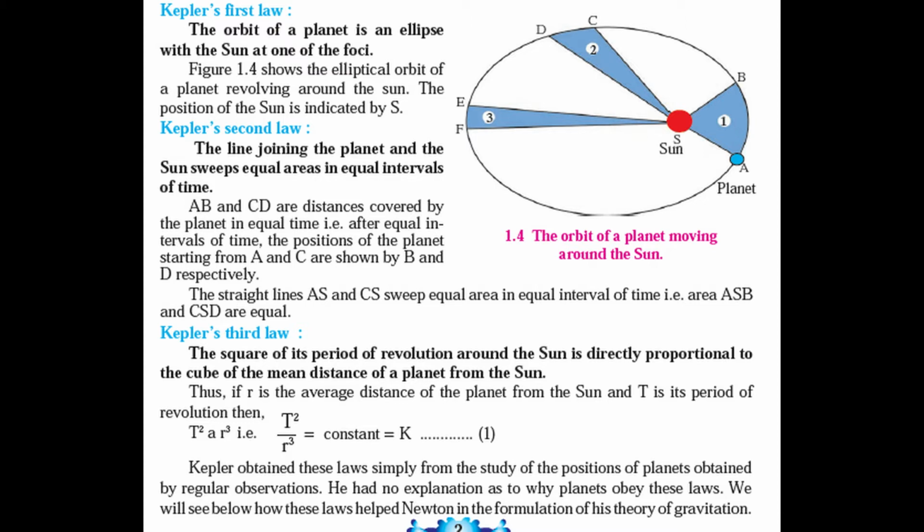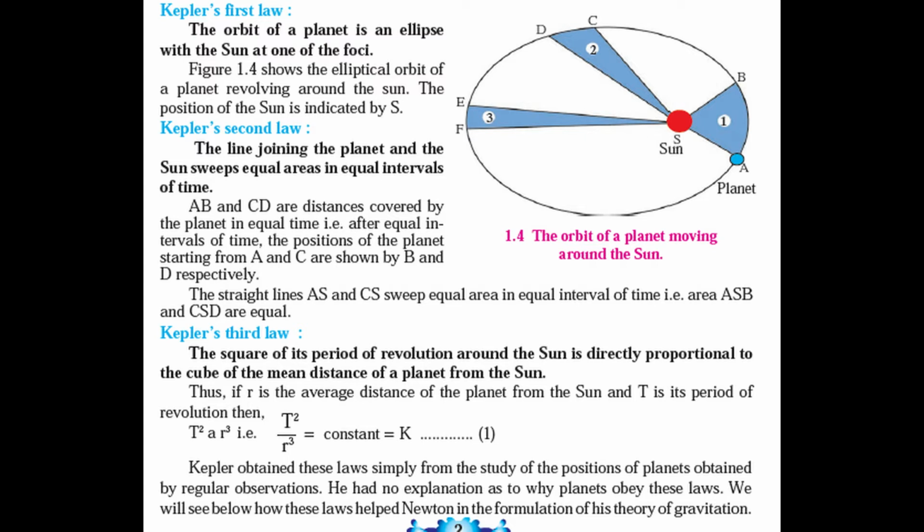Okay, so let's move on to the third Kepler's law. The square of its period of revolution around the Sun is directly proportional to the cube of the mean distance of the planet from the Sun. That's now a very mathematical law, the third law.